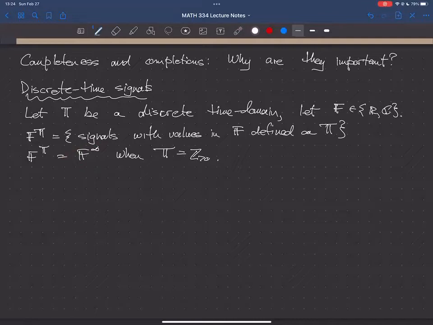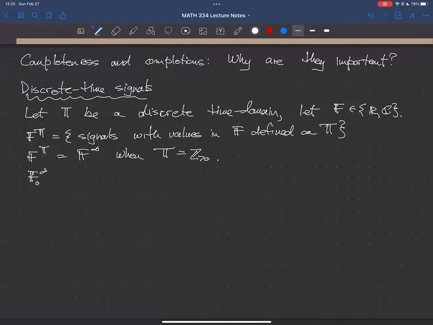Now we want to talk about other classes of discrete time signals defined on the time domain T, in analogy with our spaces of sequences. The first space of sequences we thought about, apart from the space of all sequences, was this one, remember? These were sequences where the zero meant that all but finitely many terms in the sequence were identically zero.